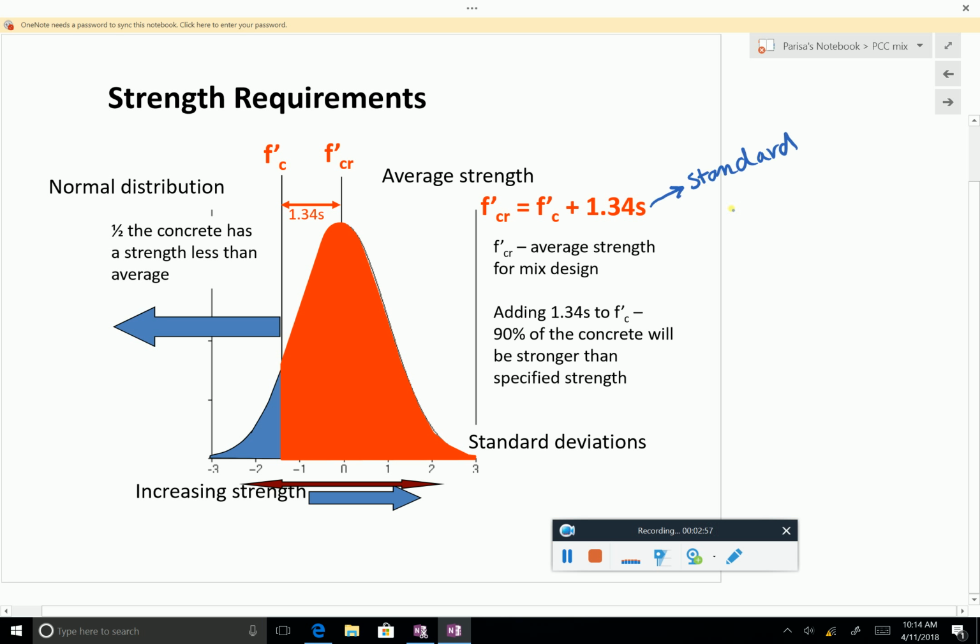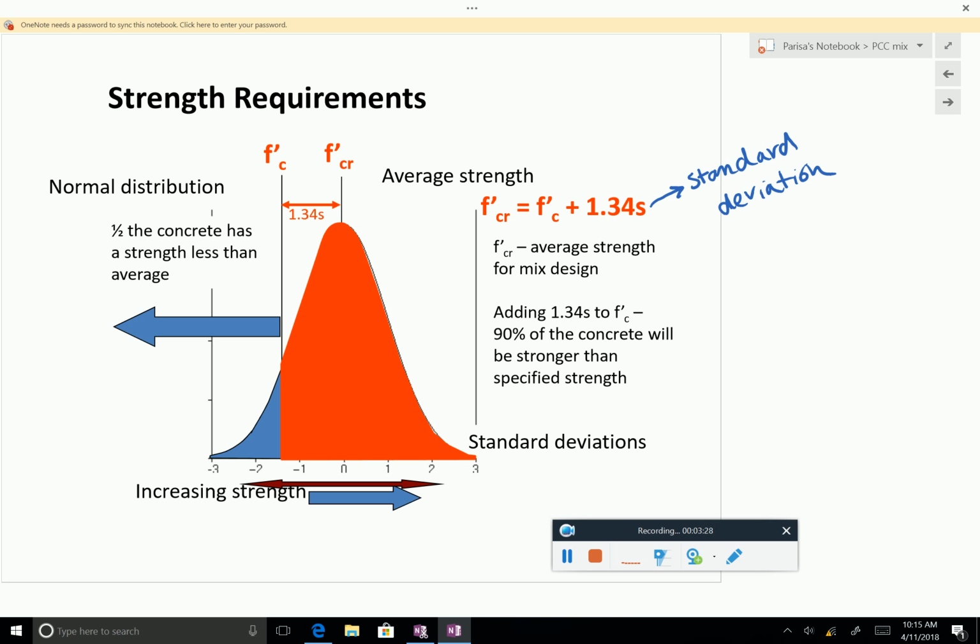If you know the standard deviation, how do we find it out, you think? Well, either you are given that for the design process, or if you want to find it out, you make a bunch of cylinders, you crush them, and then you calculate the average and the standard deviation.